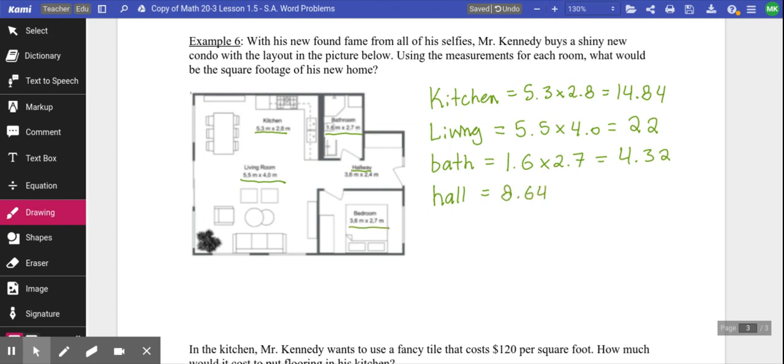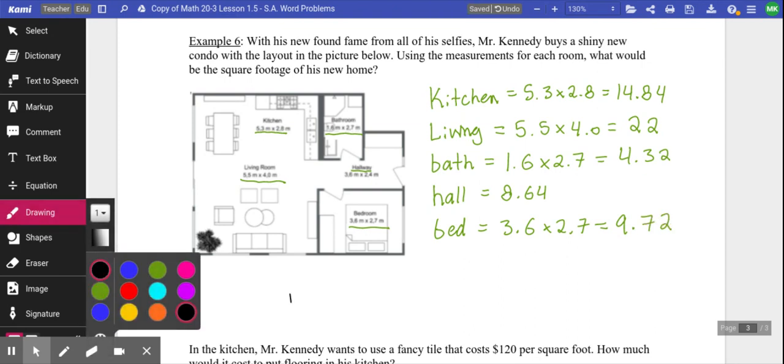And we got a bedroom, 3.6 times 2.7, for 9.72. If you total it all up, what would you get, Miles? 50.9.52. Thank you. And that's meters squared, actually.